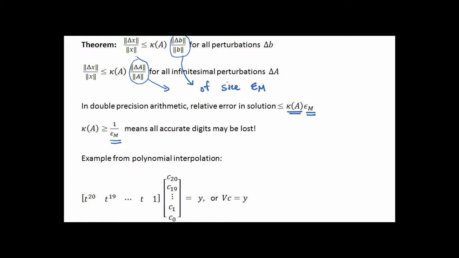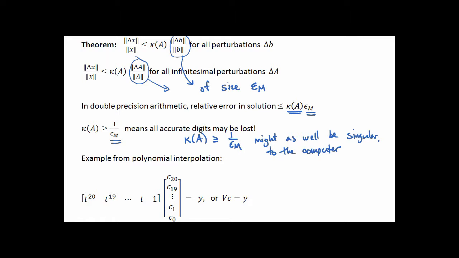So really, for practical matters, a matrix whose condition number is greater than or equal to 1 over epsilon m might as well be singular to the computer. So what we see here is that in exact mathematics, singularity is a singular property.